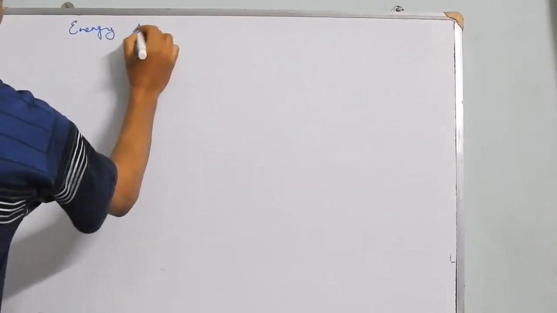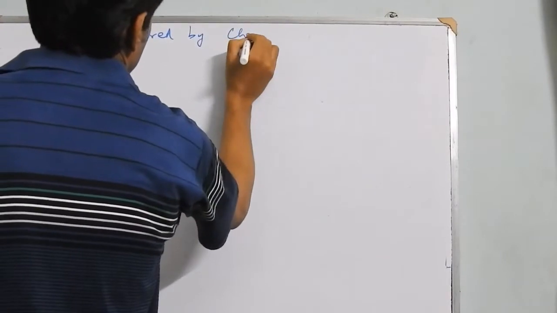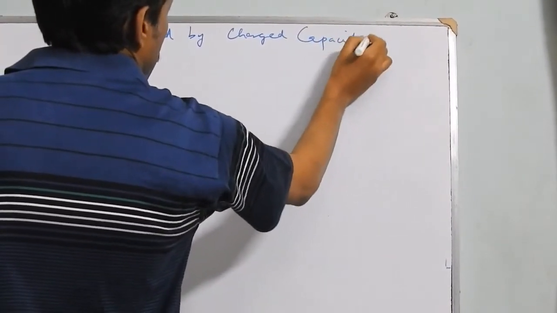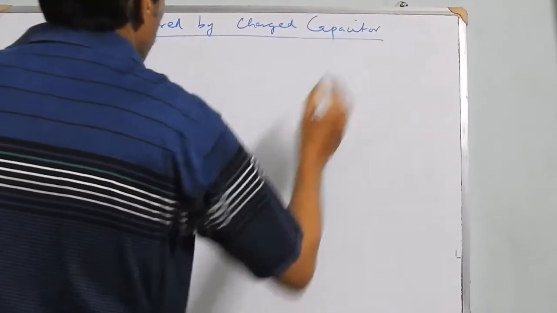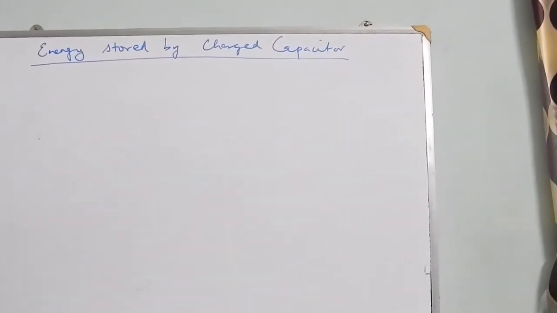Energy stored by a charged capacitor. Suppose initially the plates of a capacitor have stored charge Q on them.